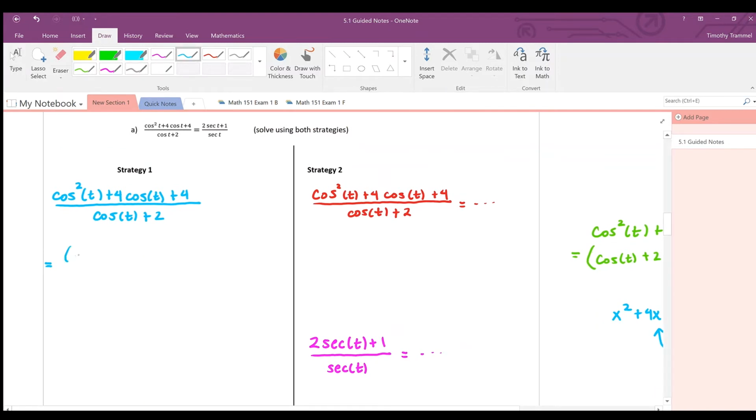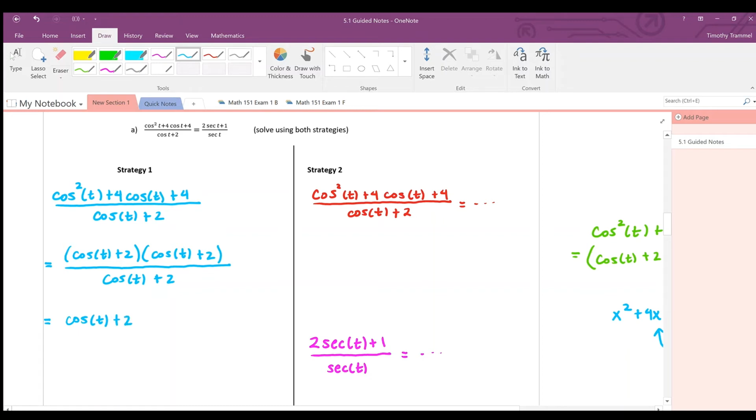So we have cosine of t plus 2 times cosine of t plus 2 all over cosine of t plus 2. And what's going to happen here is cosine of t plus 2 divided by itself is just 1. So this will just turn out to be cosine of t plus 2.